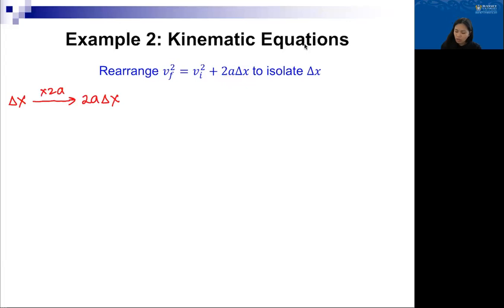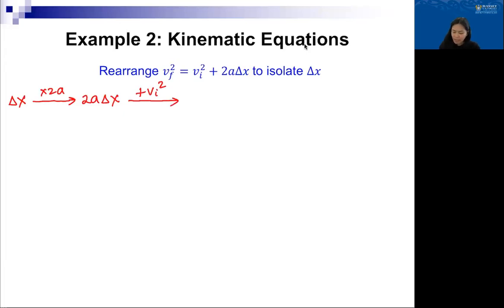I've now built up this part of the equation, 2a delta x. And then you have this plus vi squared. So that means I need to add vi squared. Right?